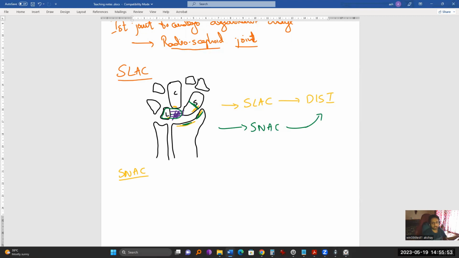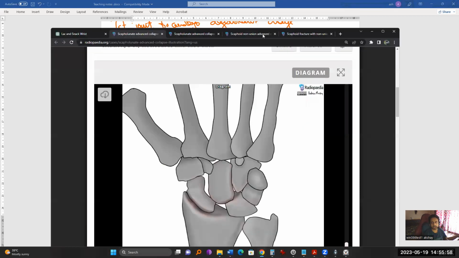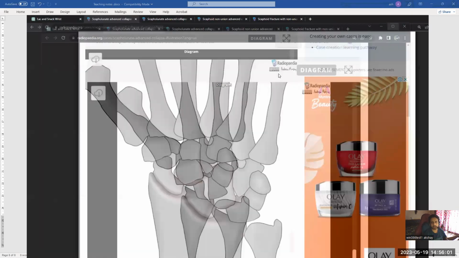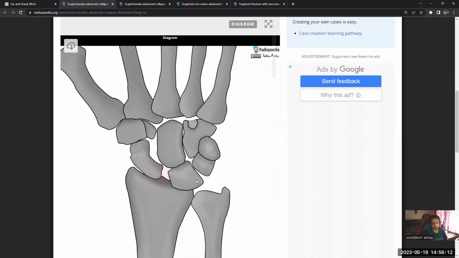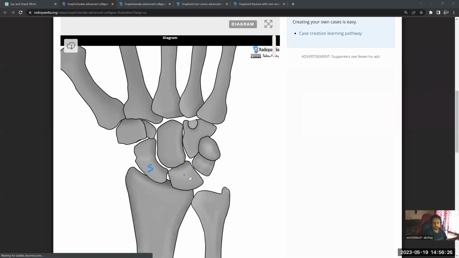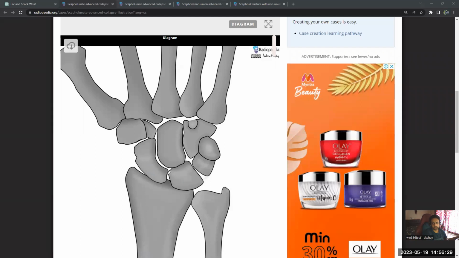So let's see some examples. You can see the schematic diagram of what happens in a SLAC wrist. Initially, this is the scaphoid, this is the lunate, and there is a ligament between them.